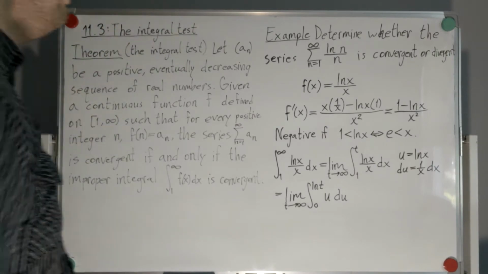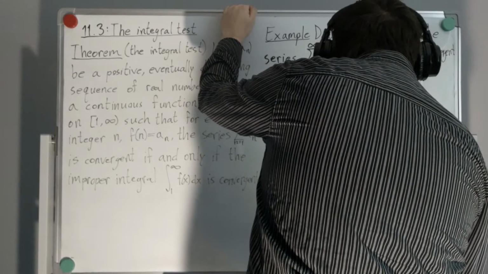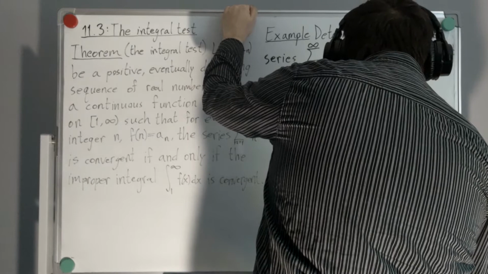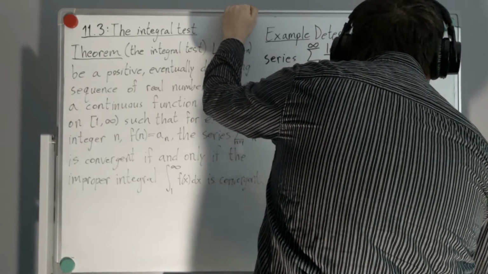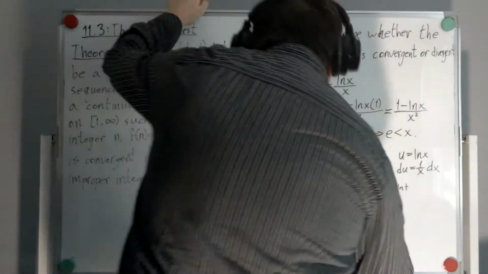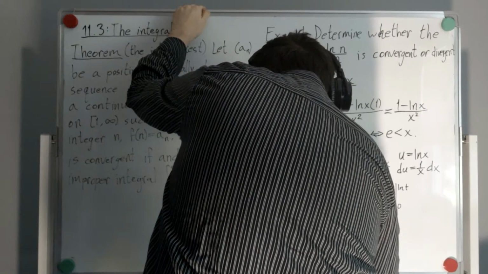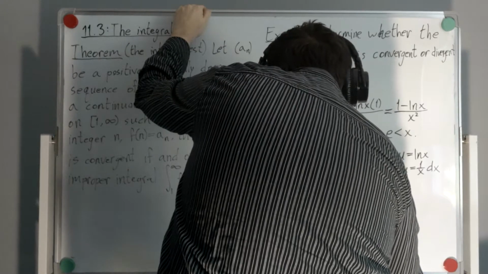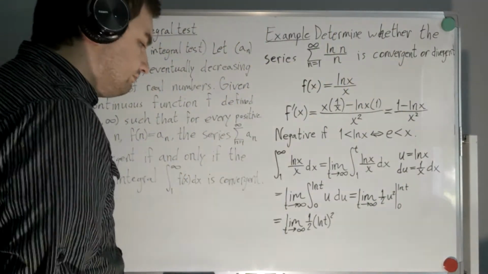Of course, that antiderivative is just 1/2 u squared. So this is the limit as t approaches infinity of 1/2 u squared, evaluated from 0 up to ln t. This is just the limit as t approaches infinity of 1/2 (ln t) squared minus 0.